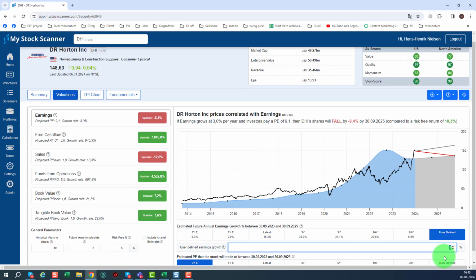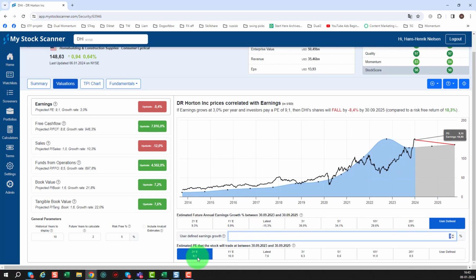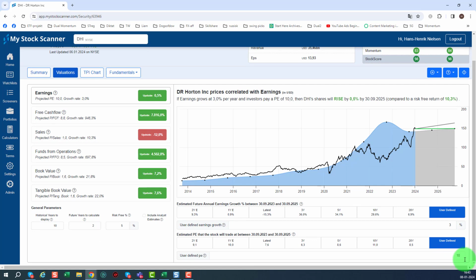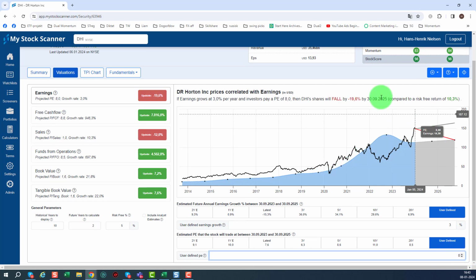So if, for instance, they do worse than the analysts' estimates, then if I put 3% in here and they keep, let's say, a 10 in price earning, well, then in a couple of years we would be lucky with just about a break even. If the price earning drops to, for instance, 8, then we will see a drop of 20%.